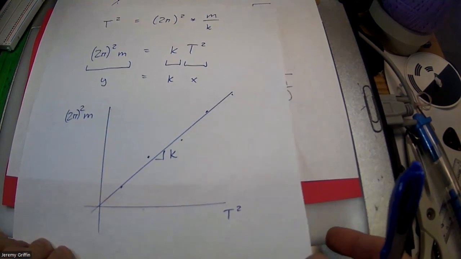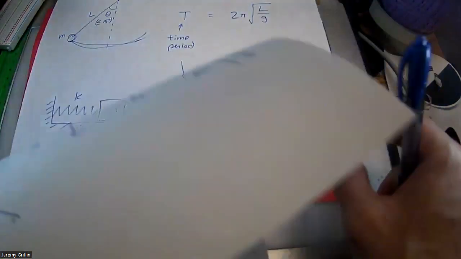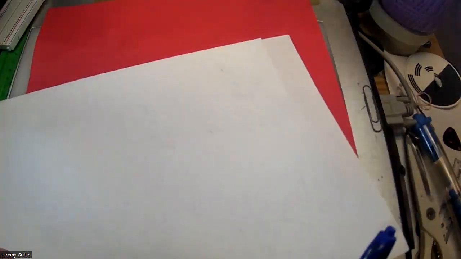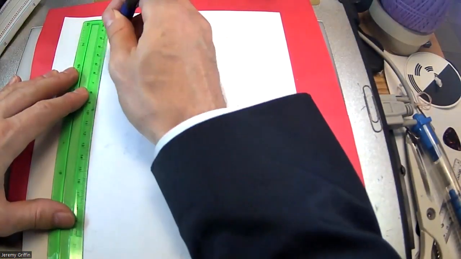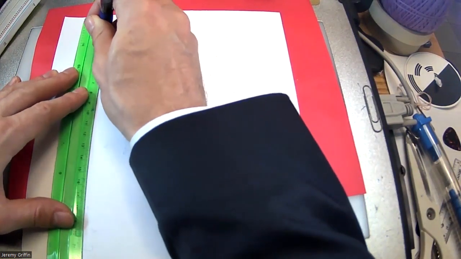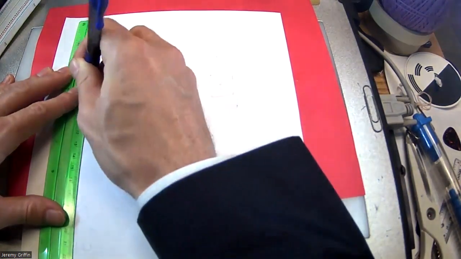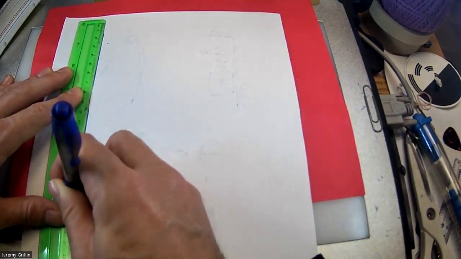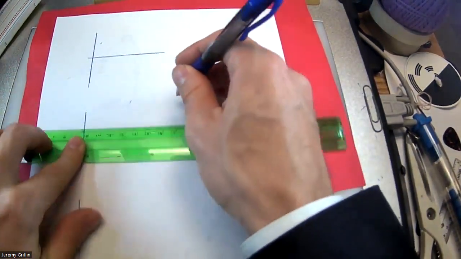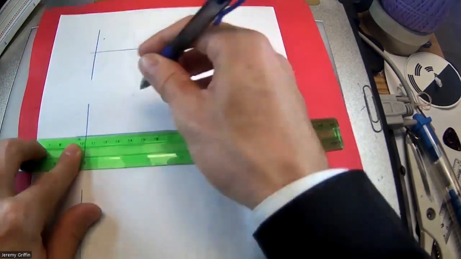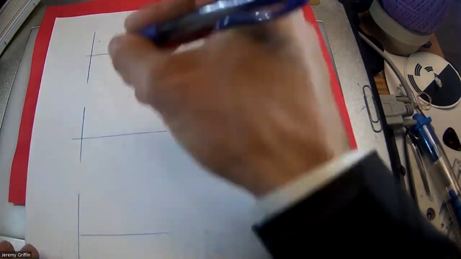Another thing to tell you guys about oscillating motion is, let's look at a set of graphs: x versus t, v versus t, a versus t. This is a set of graphs that you guys have seen over and over, even since Unit 1, kinematic motion.